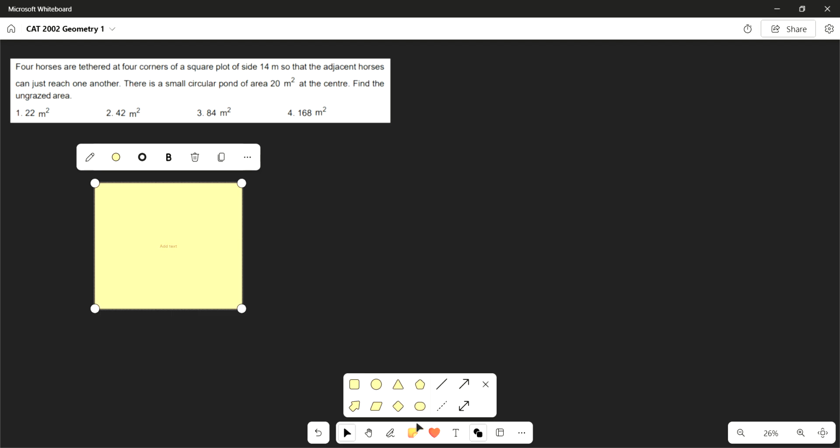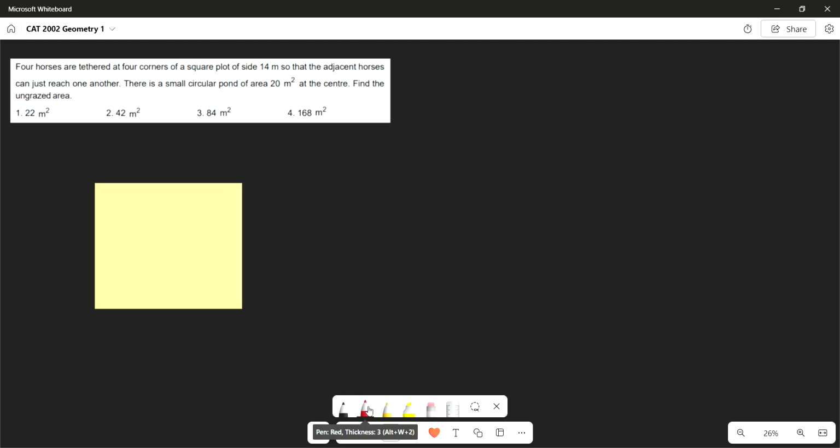Let me just name the vertices as A, B, C, and D. We are given that the sides of the square measure 14 meters.